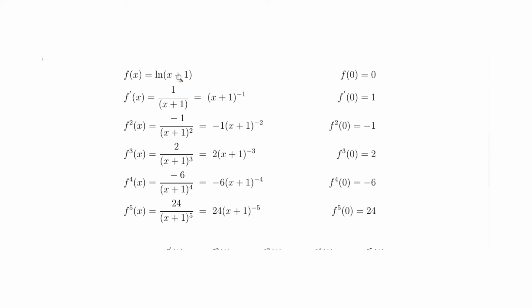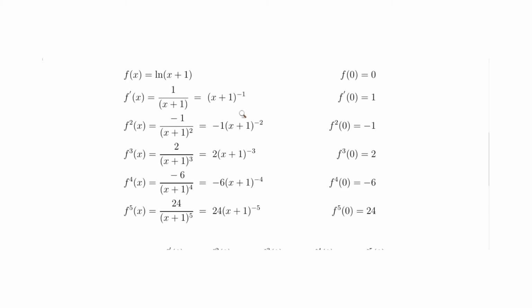Now, as we're going to be differentiating x plus 1 in the brackets all the way along, we don't need to worry about multiplying by 1 each time as the chain rule would ask us to do, because it will make no difference to the function anyway. So now what we have to do is take the second derivative of ln of x plus 1. So to do that, we just take the derivative of 1 over x plus 1. And to get that, we get the minus 1 here, bring it to the front, and then decrease this power by 1.